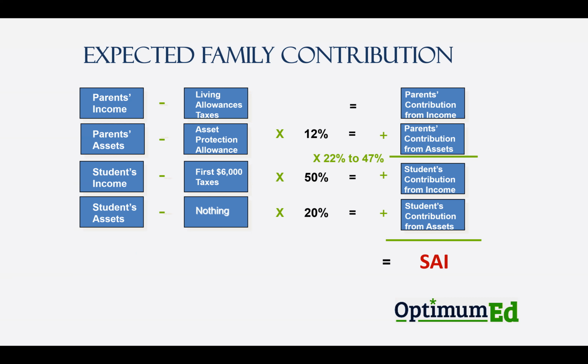student aid index. And this is, again, a simplistic view of how it works, but it gives you an idea that there are a lot of different elements that go into determining what the family's fair share is.